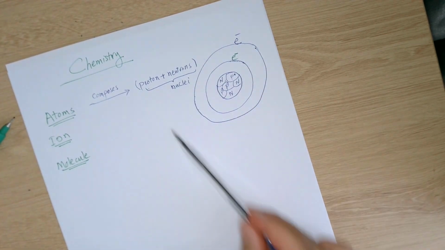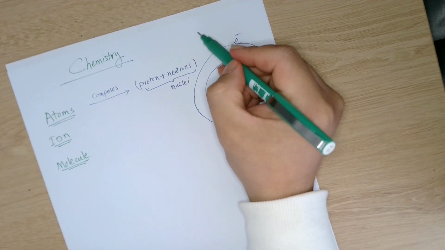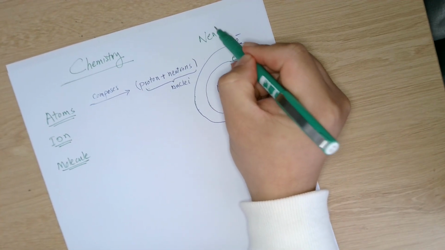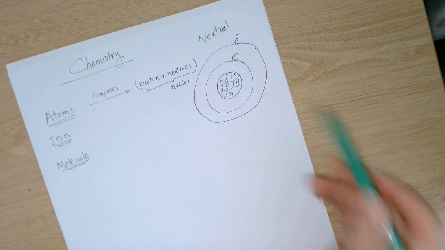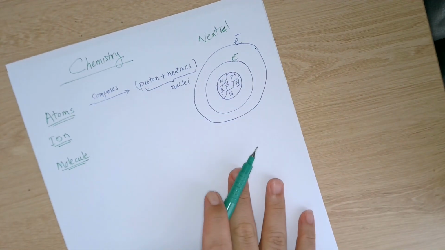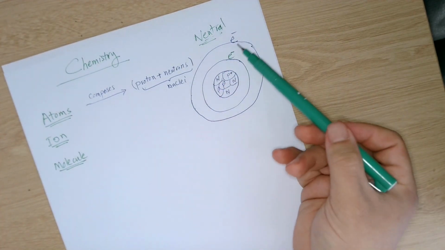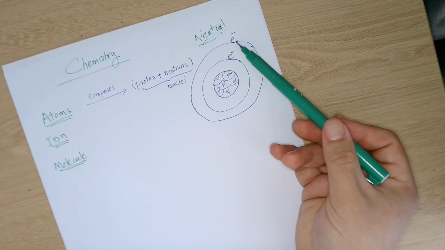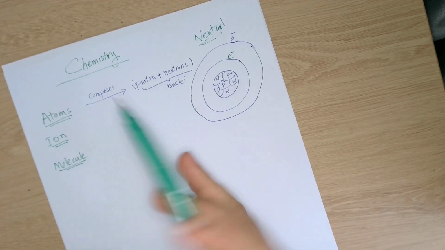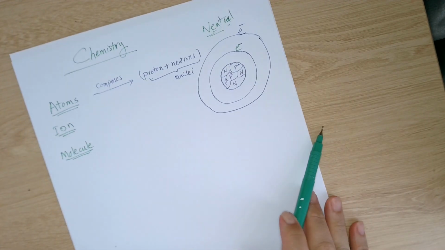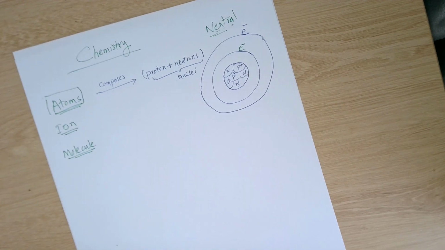What does neutral mean? Neutral means that there is no charge at the end of the day. Neither the force from the negative is more nor the force from the positive. It just cancels. So that's called an atom. I hope you understand that.